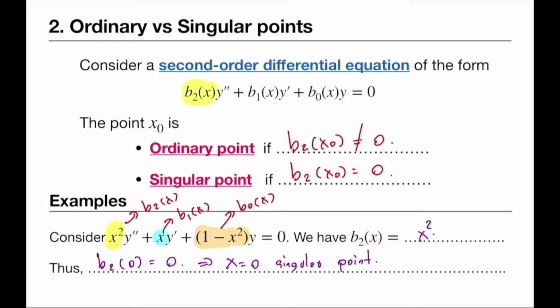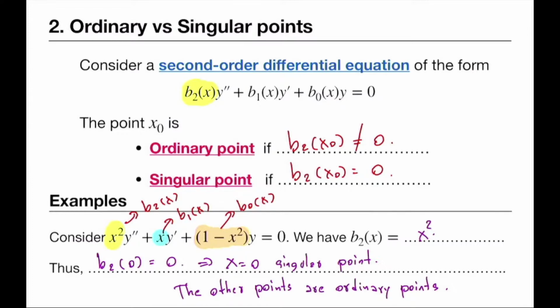And the other points, which are not 0, are ordinary points. Again, a singular point is a point that makes b2 zero.